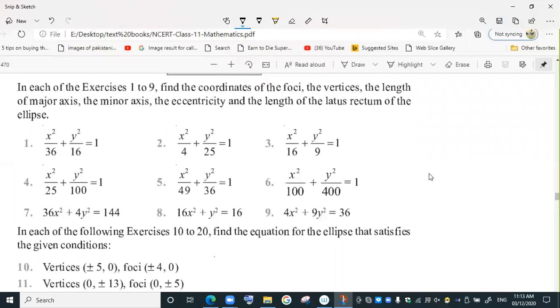Exercise number 11.4. What we have to find: the coordinates of foci, vertices, length of major. Oh, sorry, this is ellipse.